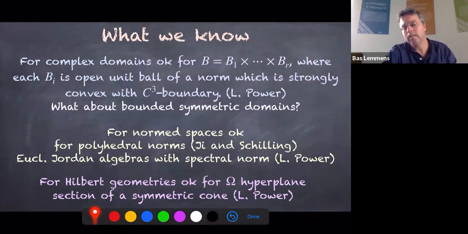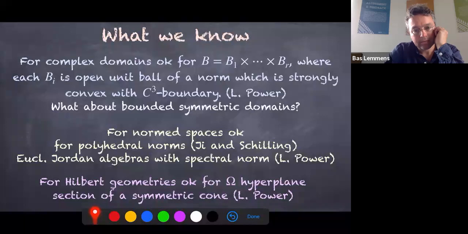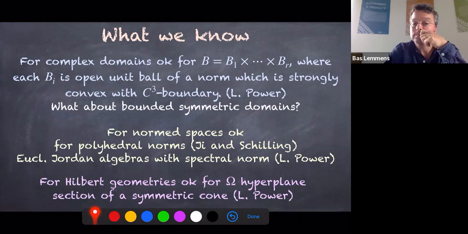So, Gautam. Yeah, I'm unmuted now. So, Bas, this is a little bit speculative because I have no idea of any canonical Finsler metric that goes together with a projective toric variety.